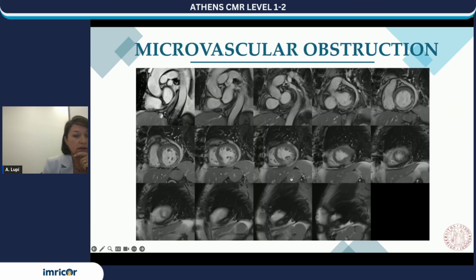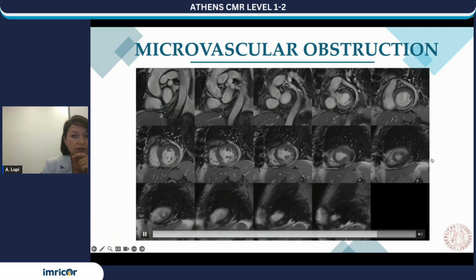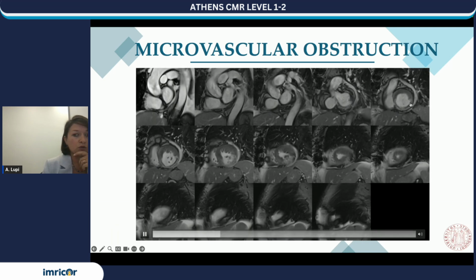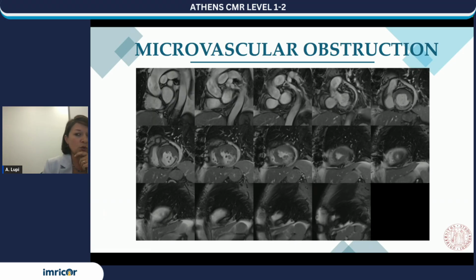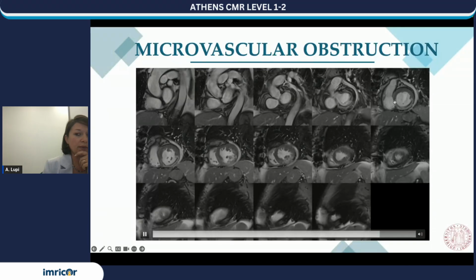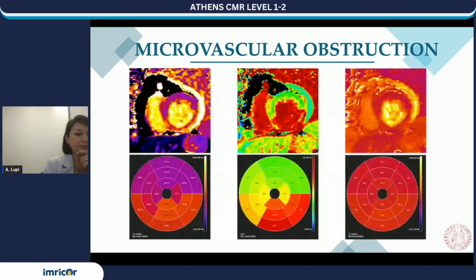This is an example of a patient with recent STEMI in which these are cine SSFP sequences acquired early post-contrast, so we can see also the hyperemic area and the microvascular obstruction within the hyperemic area.